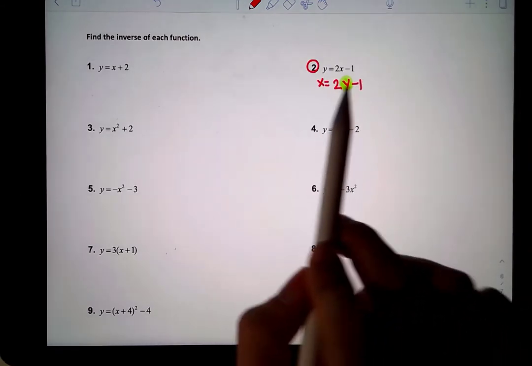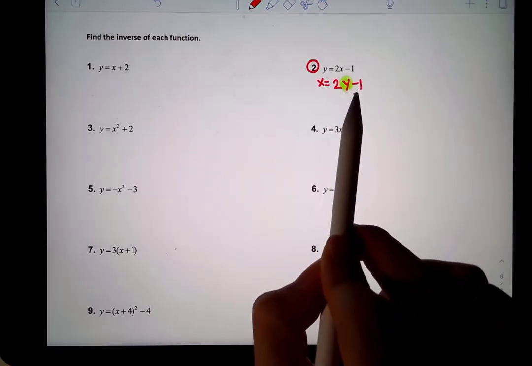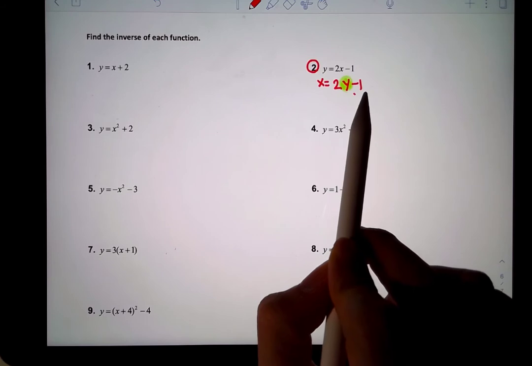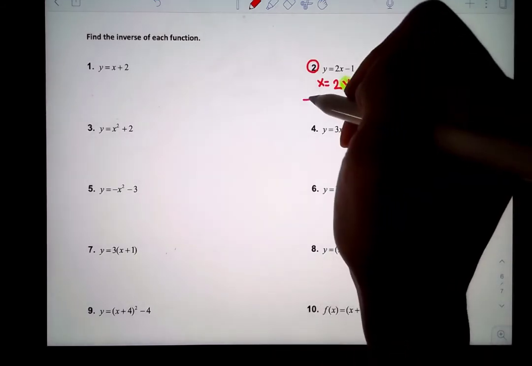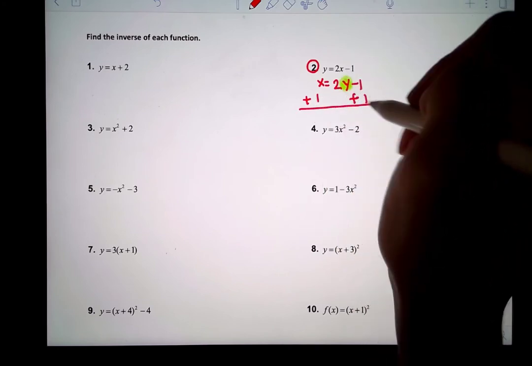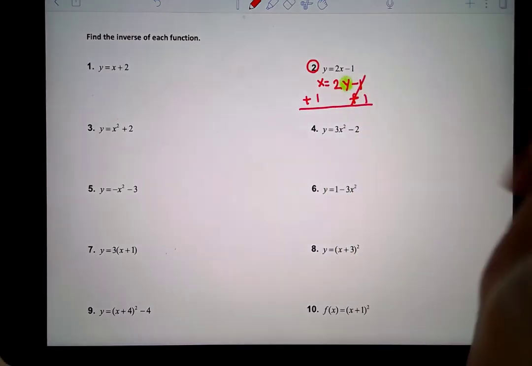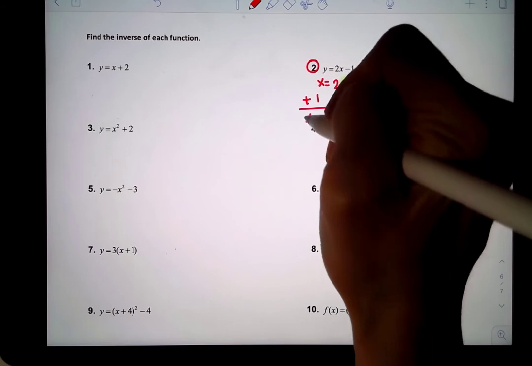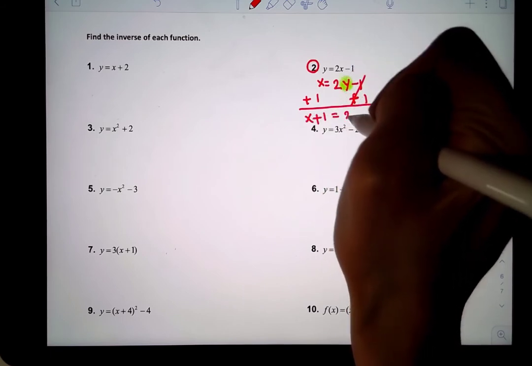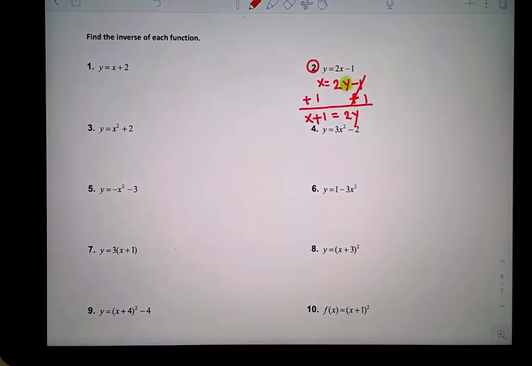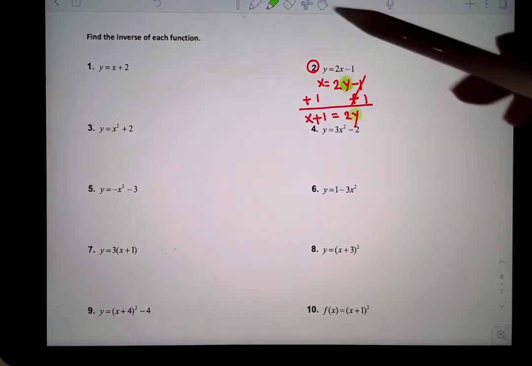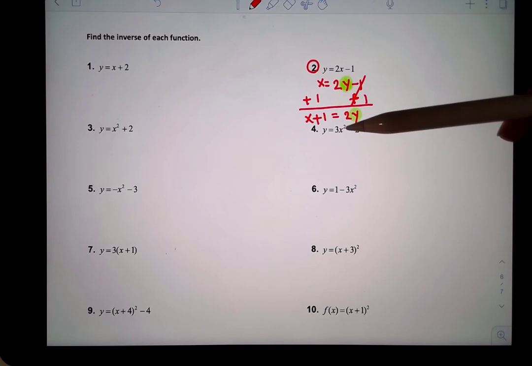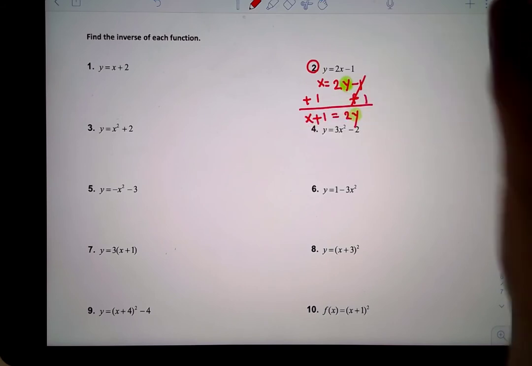So let's do the opposite operation. So what do you do for this? Minus 1, so plus 1. Here, plus 1. Then you cancel, and x plus 1 equals 2y, right? And we wanna know the y value only, so you divide by 2, divide by 2.